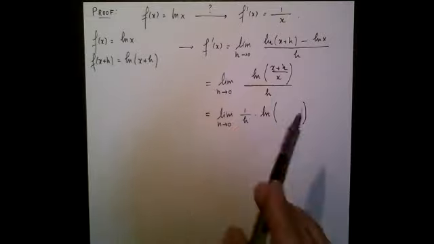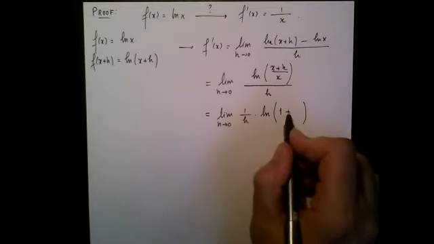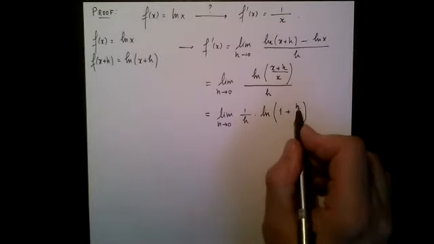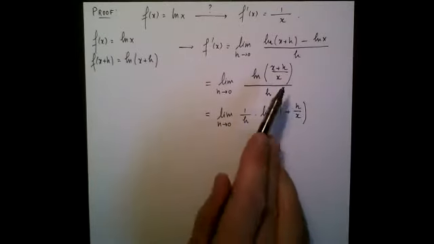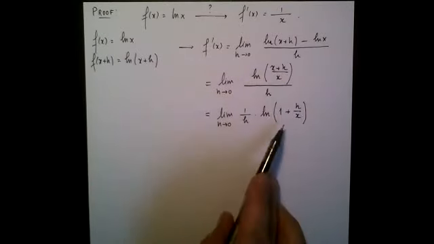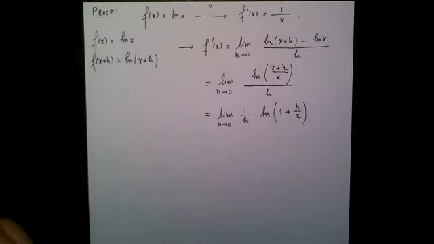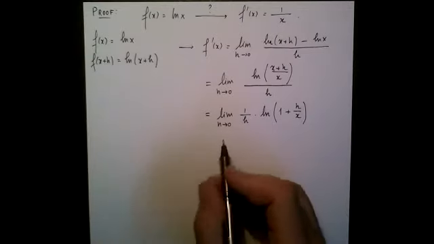So x plus h over x is 1 plus h over x. I just separated the fraction into two: x over x plus h over x, here they are. Questions? Okay, let's continue.